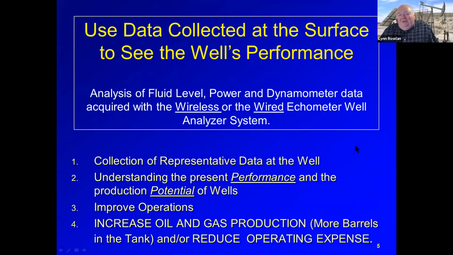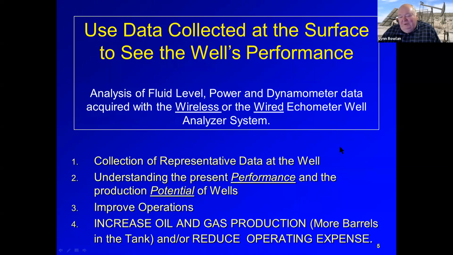Now we use the data we collect at the surface, and the data is collected with either a wireless system or a wired Echometer system. And the kind of data we collect is fluid level with pressures, and power, which is volts and current and amps, and then dynamometer data. And we'll talk about all this data a little bit through this presentation.